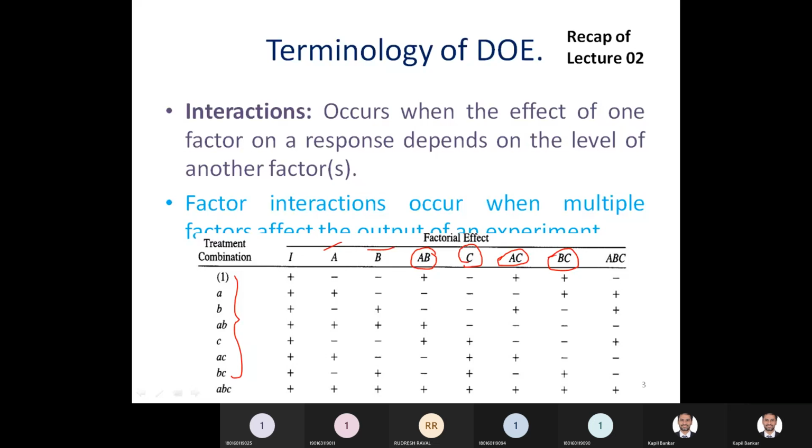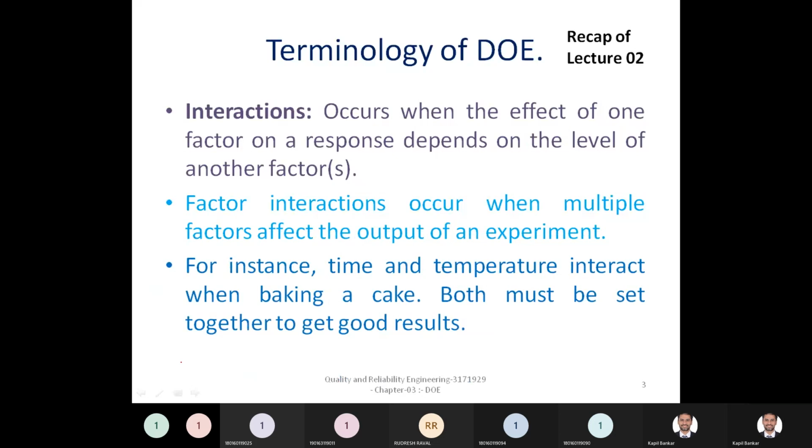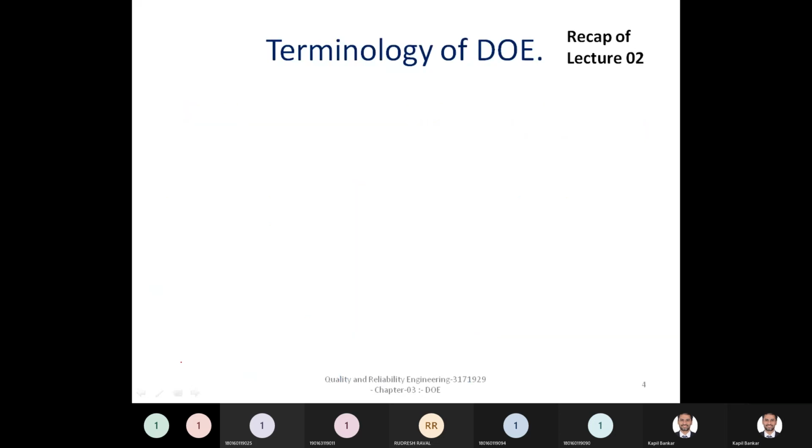This is BC also an interaction, and here A, B, C. This is also called an interaction effect. So in full factorial design, the interactions are there. The individual factors are there, and here AB, AC, BC, and ABC. These are all called the interactions of factors. Okay, that we had discussed.